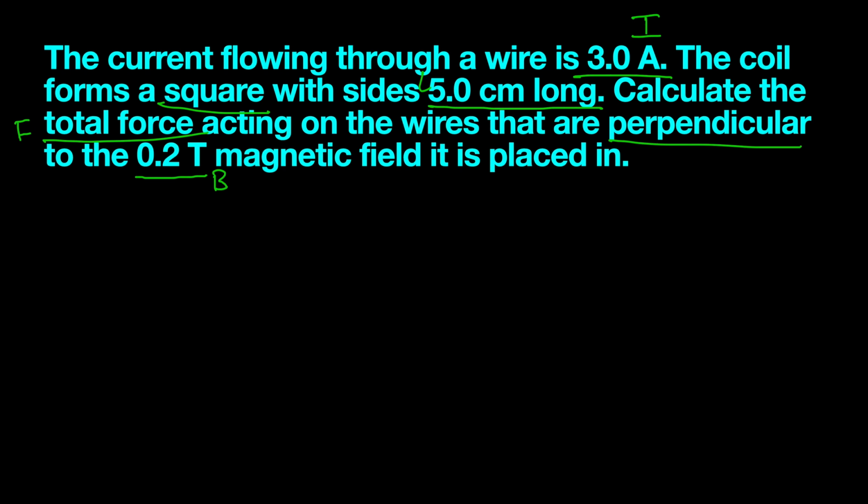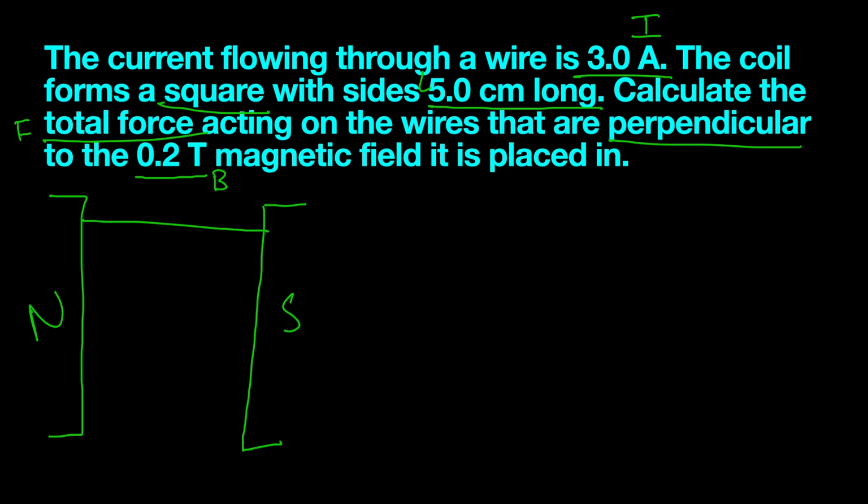Now, the first thing we're going to do with a question like this is draw it out. This represents the north pole of a magnet, and this represents the south pole of a magnet. Between the north and south pole, you'll have magnetic field lines that look like this.